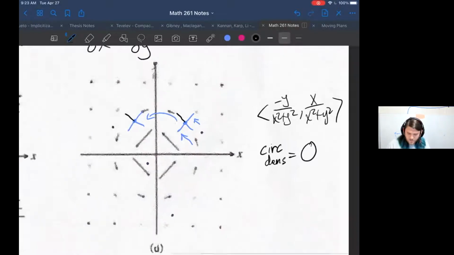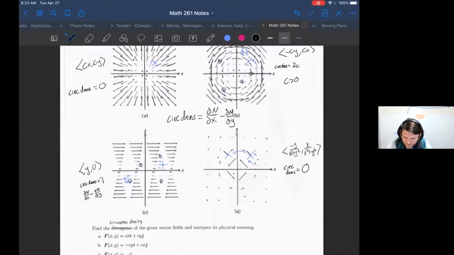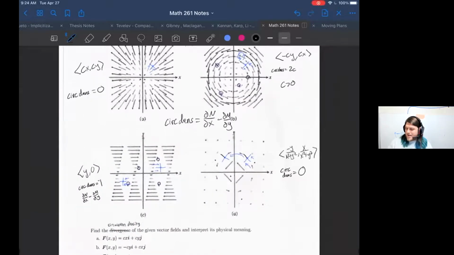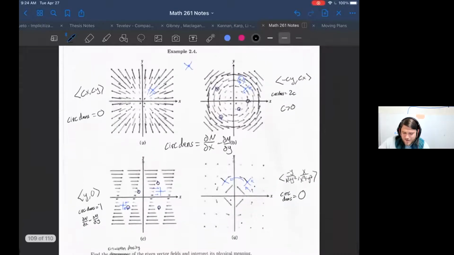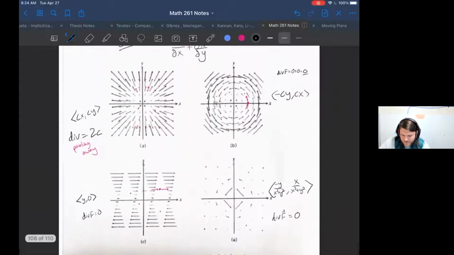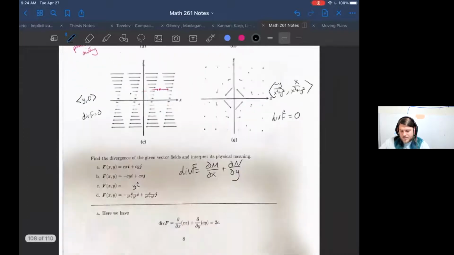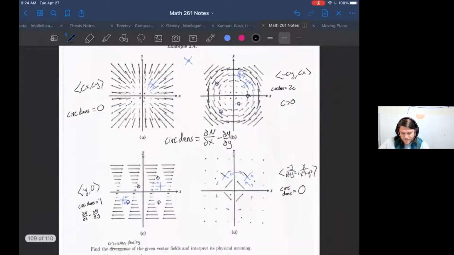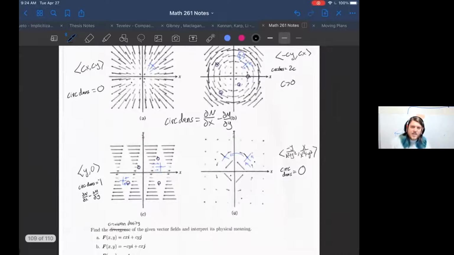Cool. So again, hopefully we understand circulation density and divergence a little more now than before. But if you're more confused, that's also natural. I just wanted to write these down and give you an idea of what each of these are visually. You can also go play around with some of those vector field visualizations and guess at what's going on there too.